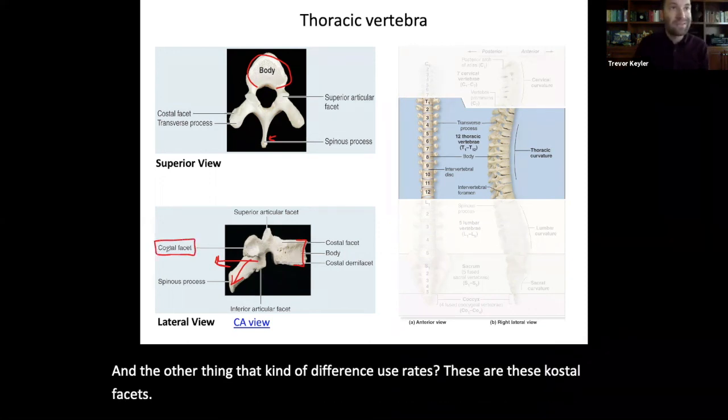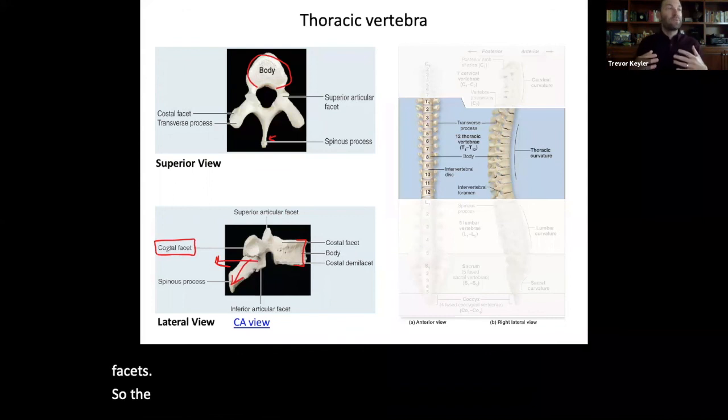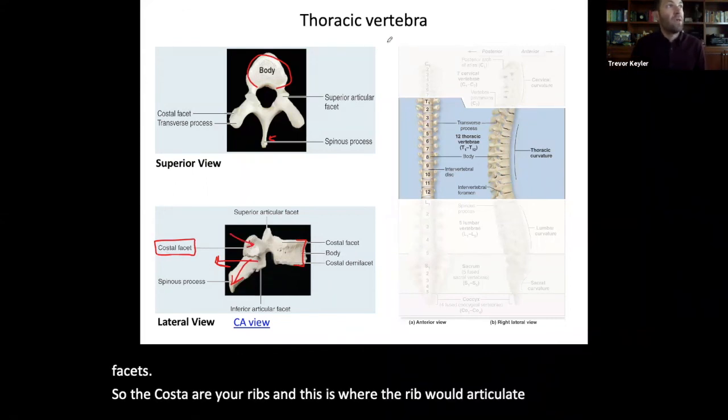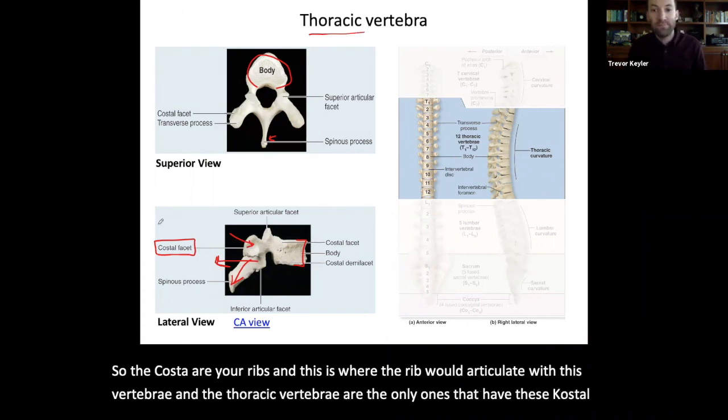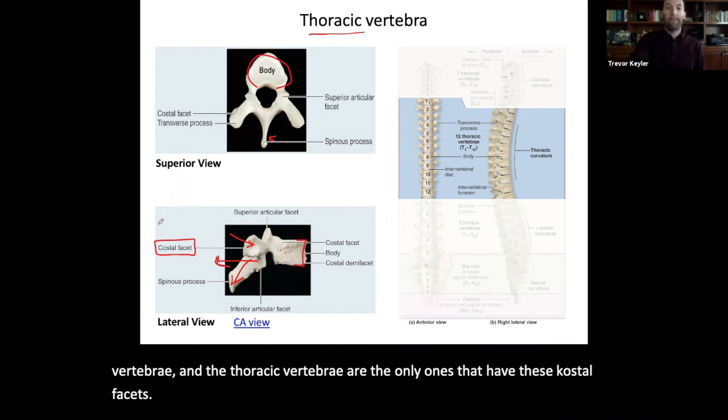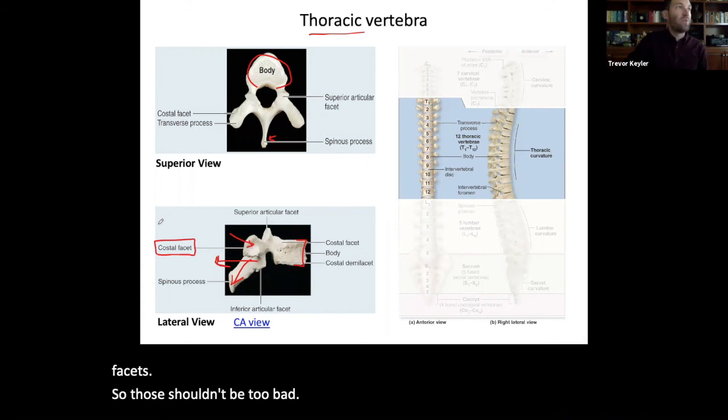The costa are your ribs, and this is where the rib would articulate with this vertebra. The thoracic vertebrae are the only ones that have these costal facets. So those shouldn't be too bad when differentiating between them.